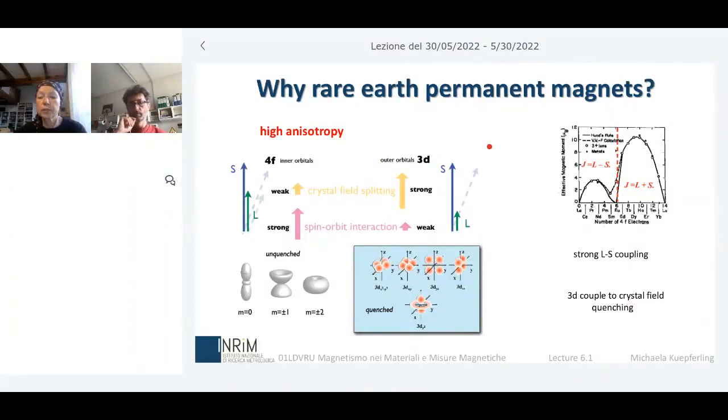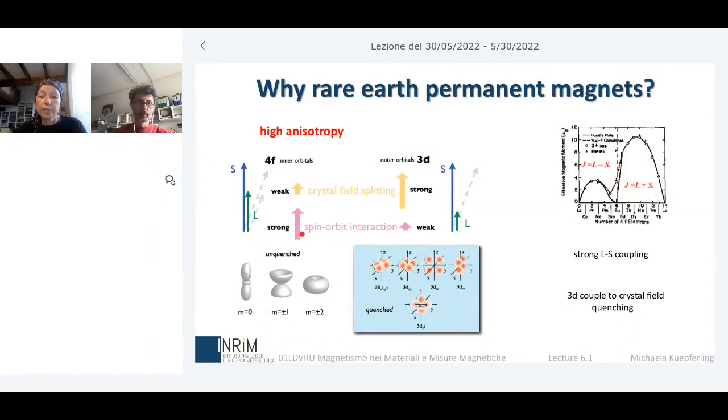So very often, the orbitals are not free to orient as they would do in an isolated ion, and they have to orient in special ways, and in this way, the orbital momentum will be quenched very often, is equal to 0. So we don't have LS coupling in the 3d materials, but we have strong crystal field splitting usually.